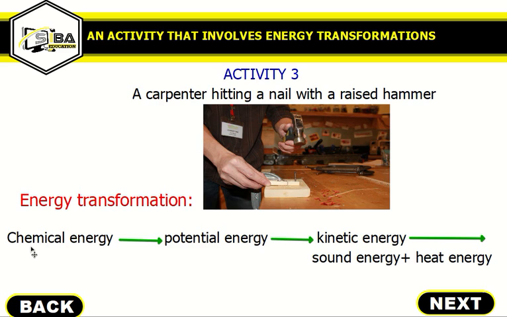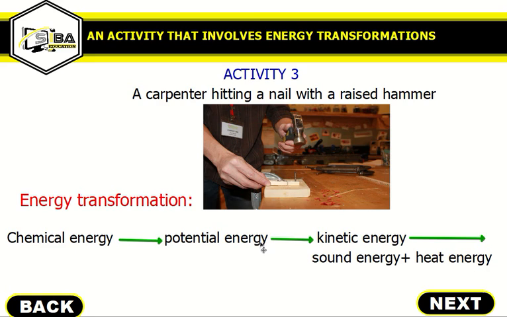So that energy in the food is what we call chemical energy, and it changes to potential energy once the hammer is up, and then when he tries to hit the nail, there comes a movement.